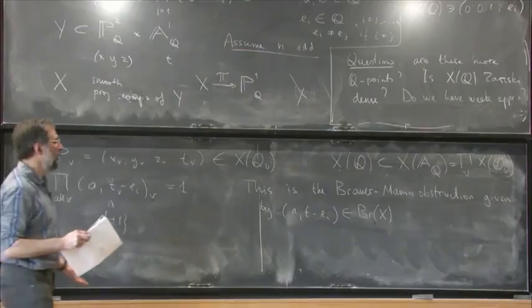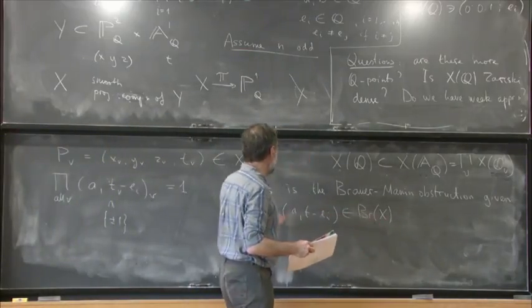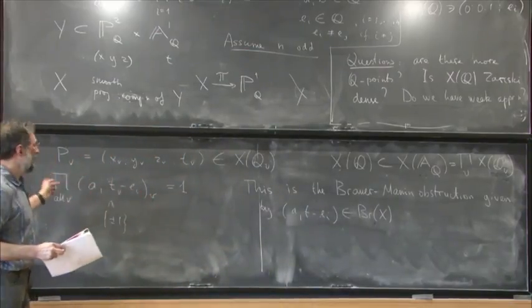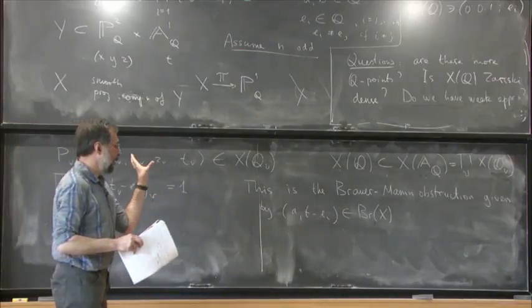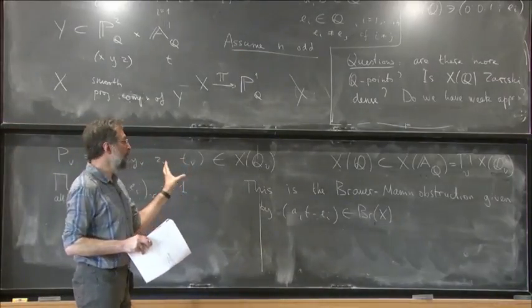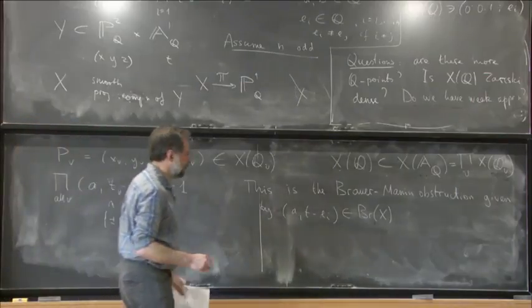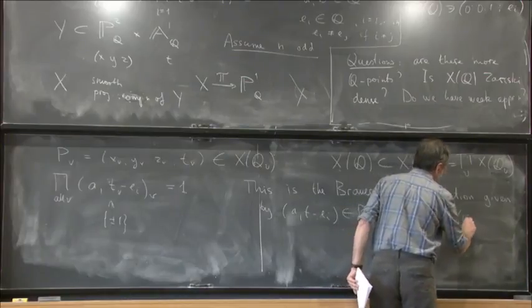So if you have any class in the Brauer group of X, and you have an adelic point, you can specialize this class and consider the sum of local invariants of the specializations, which are elements of the Brauer group of local fields. So by local class field theory, you have identifications of this kind.